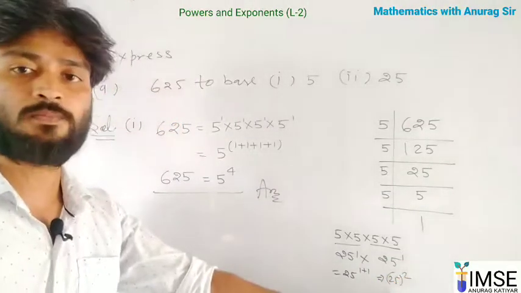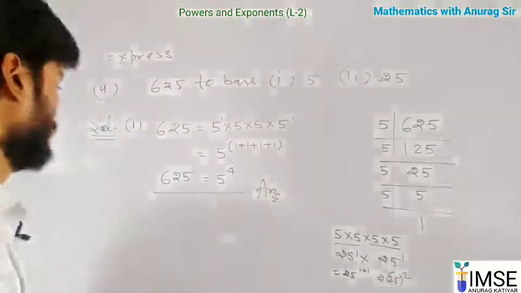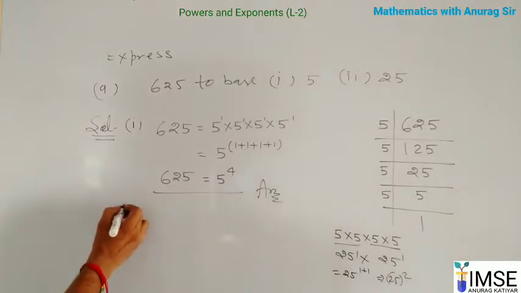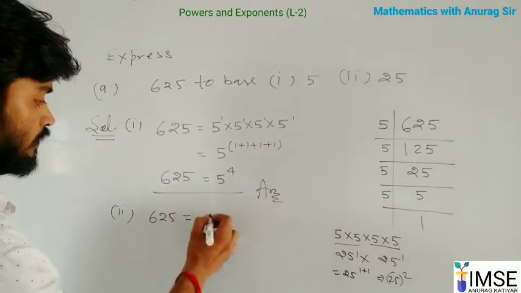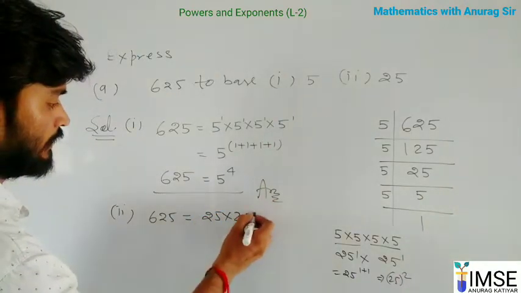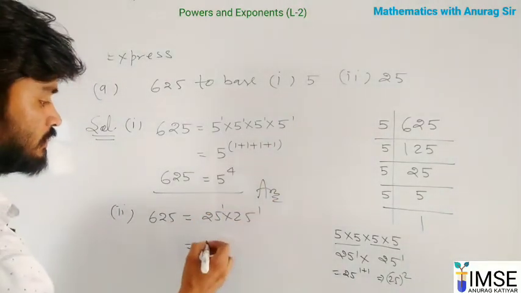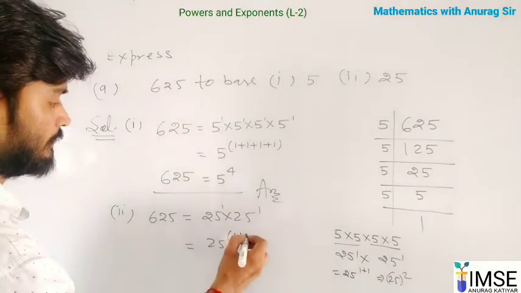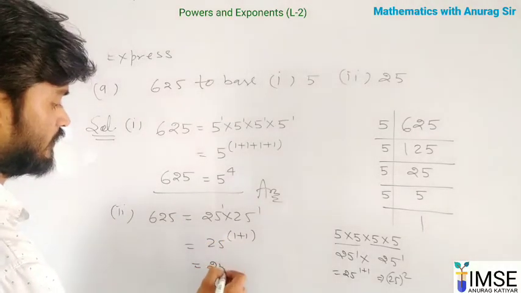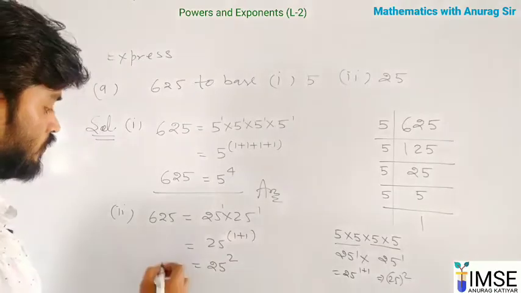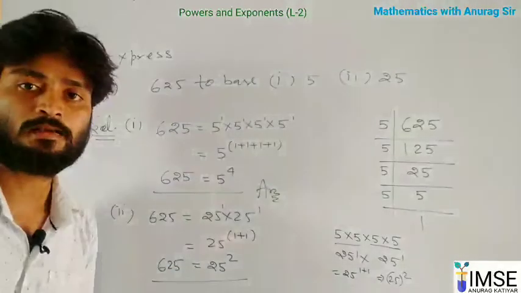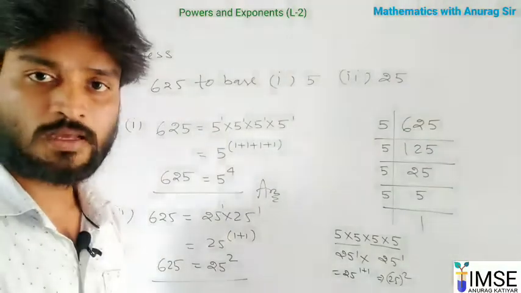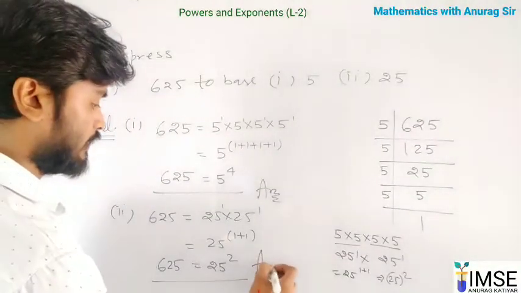So here the base is 25, so the second part, 625, you can write as 25 into 25, and we add the exponents, 25 raised to the power 1 plus 1, and finally we have 25 square. So this number 625 we represent in base 25, and this is our answer.